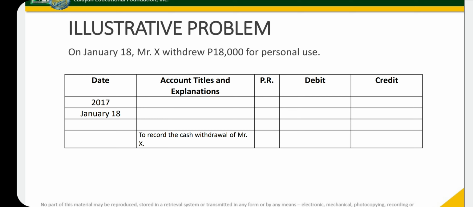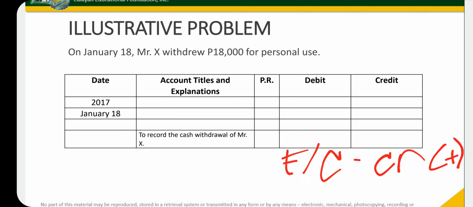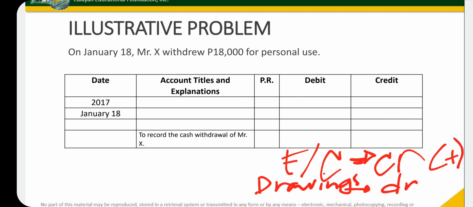Class, capital has a normal balance of credit. So any increase in the capital or equity account will be recorded as a credit. But take note that withdrawals tend to reduce your capital account. Meaning to say, withdrawals must have a debit as its normal balance.